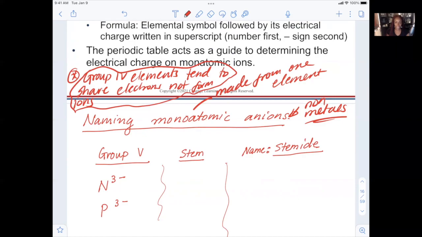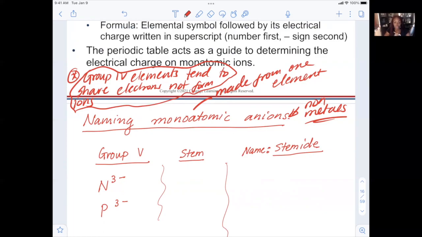To form an ion, you have to either lose electrons to become positive or gain electrons to become negative. But group 4 elements are not really losing or gaining, they're just sharing. So they're kind of bypassing the formation of ions. So for that reason, we don't commonly find them as ions. They just don't do that. It's not common for them.